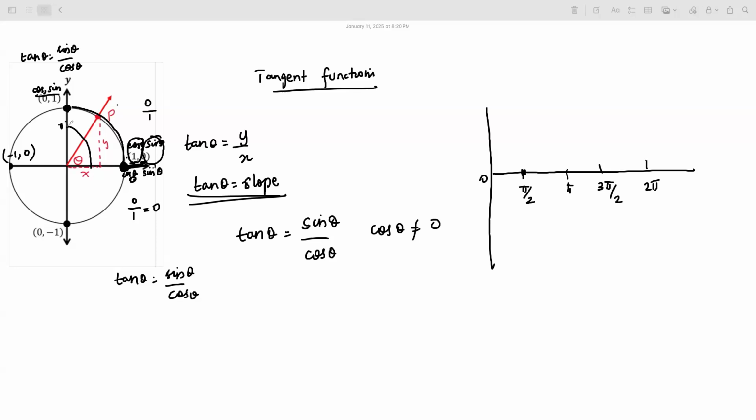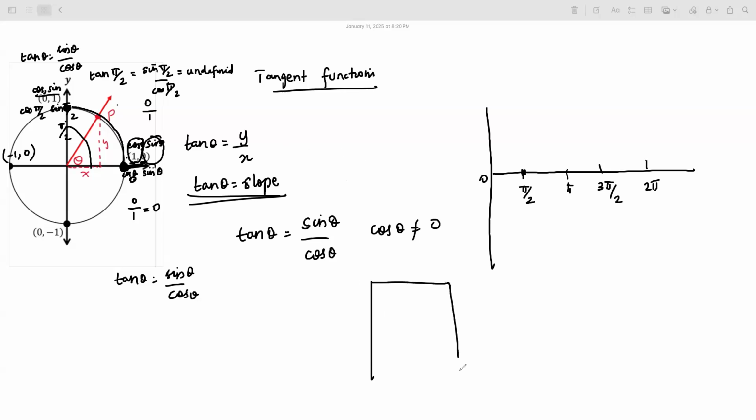The radian value is pi by 2. At that point, this is cos pi by 2, sin pi by 2, correct? I'm asking for tan pi by 2. What is tan pi by 2? It's undefined. Sin pi by 2 by cos pi by 2 becomes undefined.